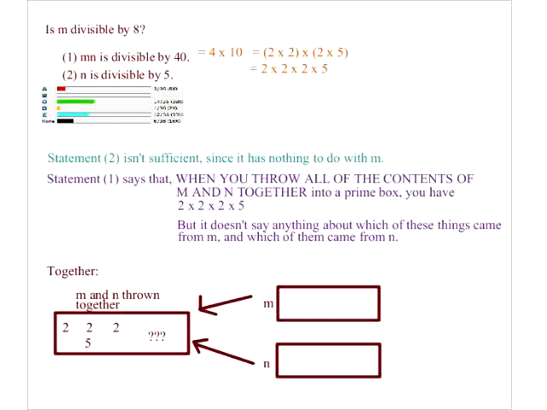So we know that n is divisible by 5, because that's given. And there are question marks here, and there are question marks here. The deal is that we've got to get these 3 2's from somewhere, but we don't know where they are. I mean, these are what's missing.